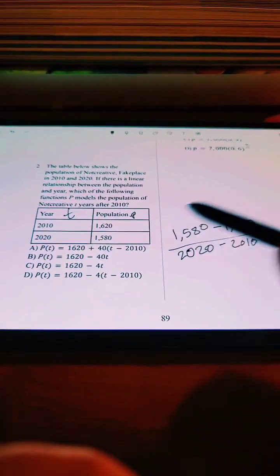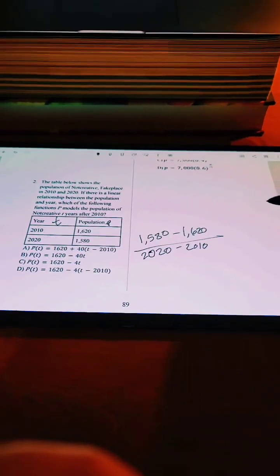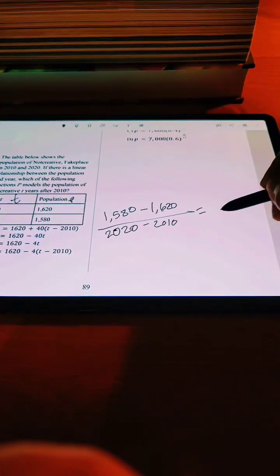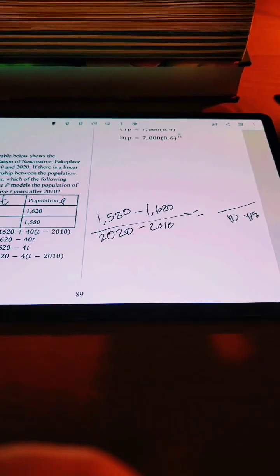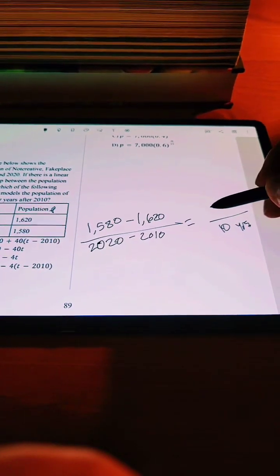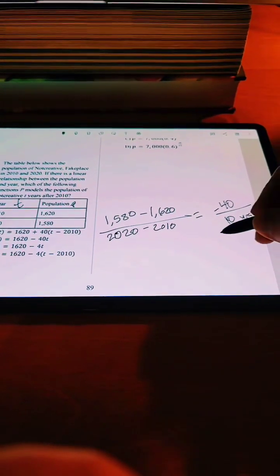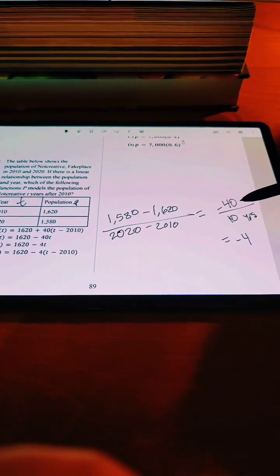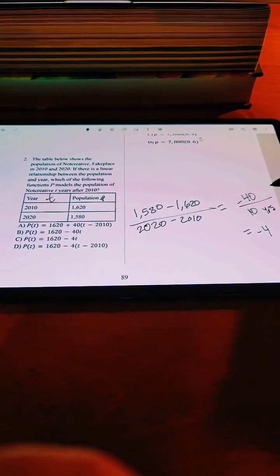You could have done it the other way. My brain just does not like thinking about the years being negative, so I did it the other way. But let's see how this changes. That's going to be over 10 for the years, and then negative 40 for the population. If we simplify that, that's going to be negative 4. So the slope should be negative 4, what you're multiplying T by.